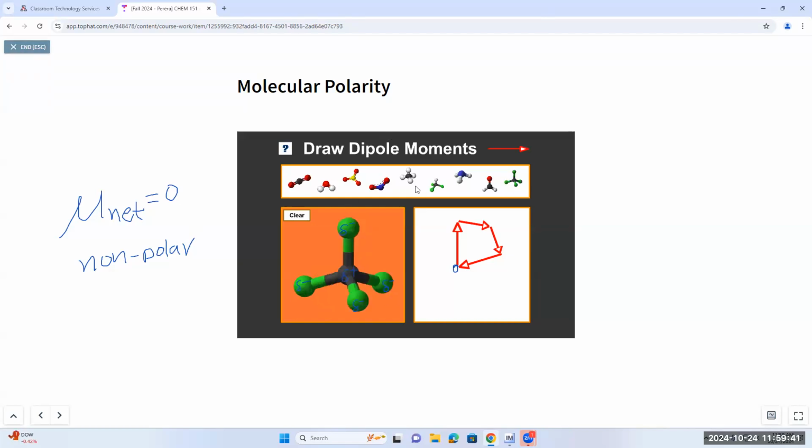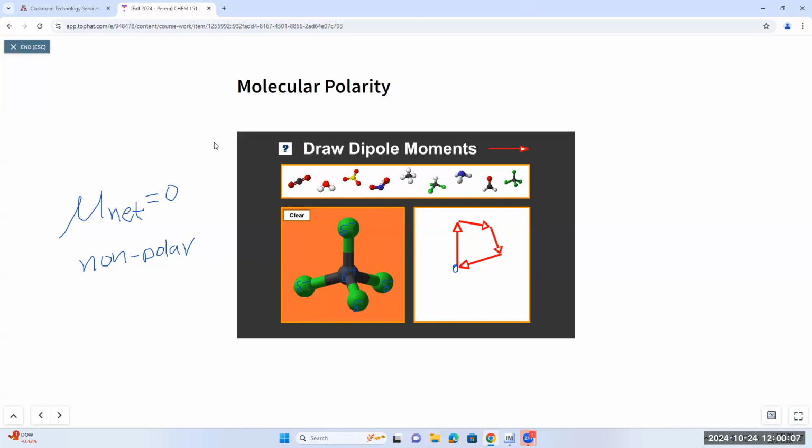So keep that in mind. Any tetrahedral molecule, it can be CH4, CCl4, CF4, CBr4, if it has the same atom on all corners, it's going to be non-polar. But if you replace 1 or 2 or 3 atoms by anything else, it's going to become polar.